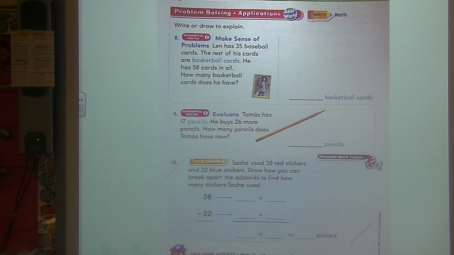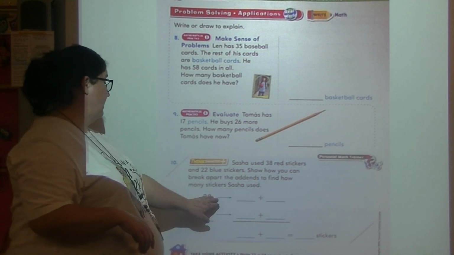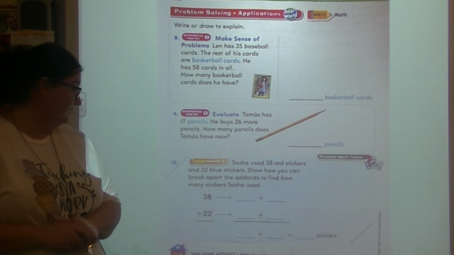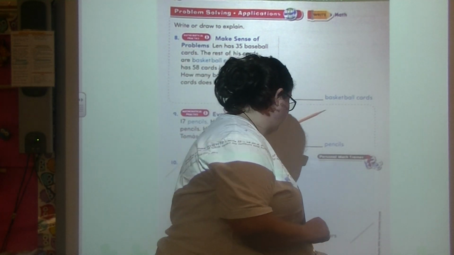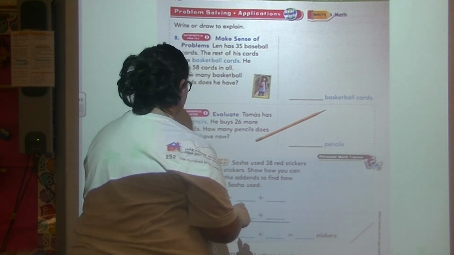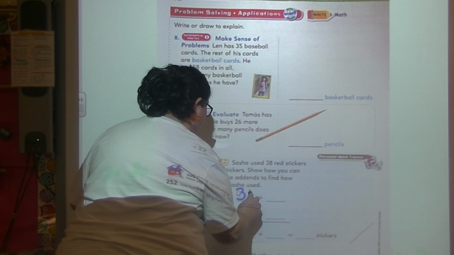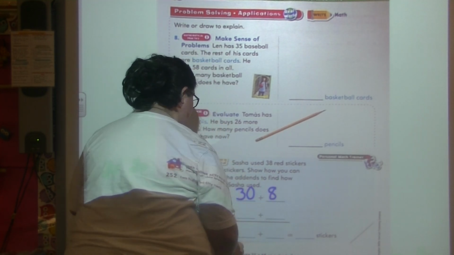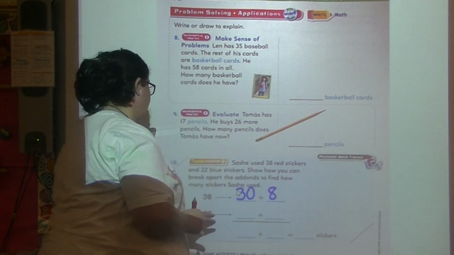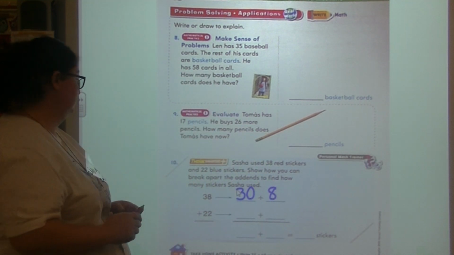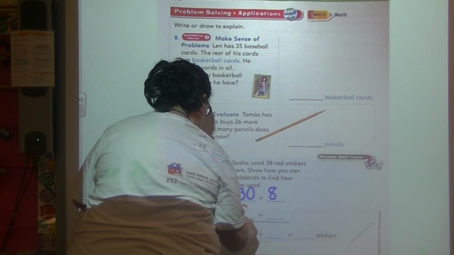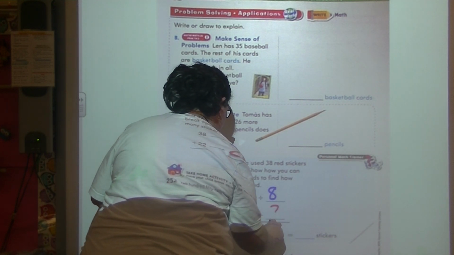All right, so we're going to show how we would break it apart. All right, guys, so tell me, how would we break apart 38? 30 plus 8. Now let's break apart 22. 20 plus 2.